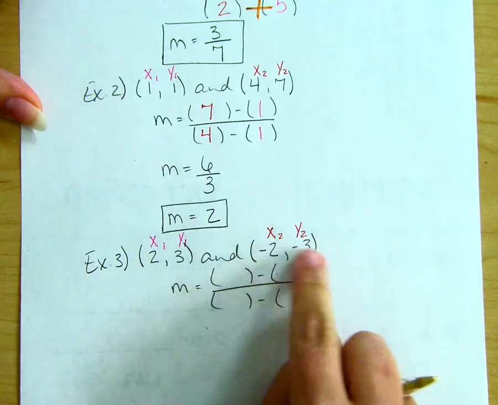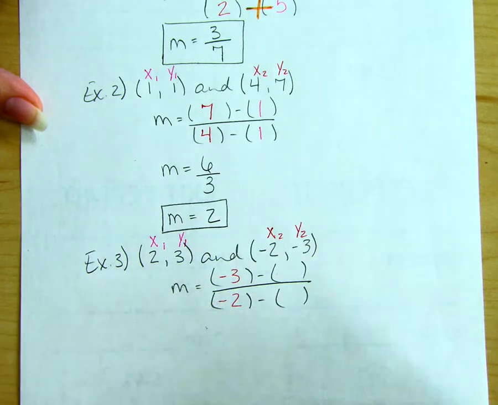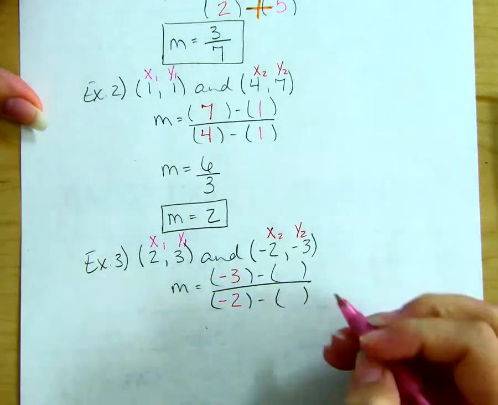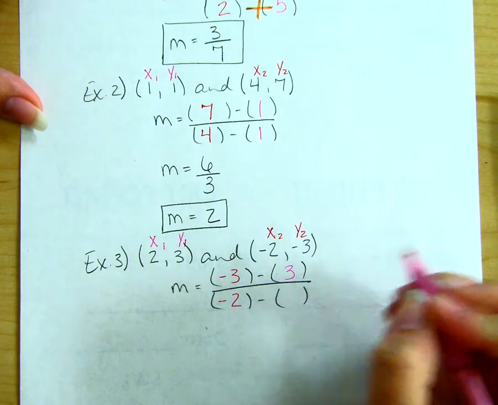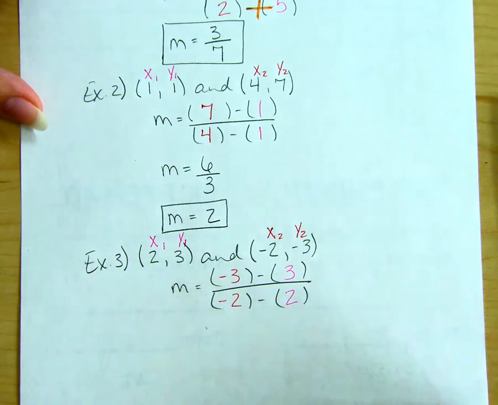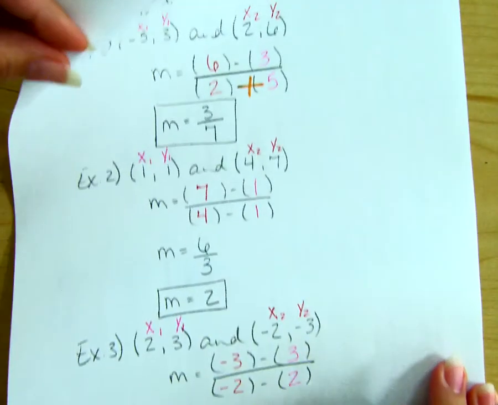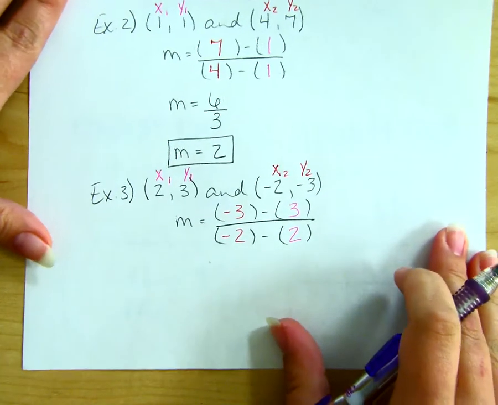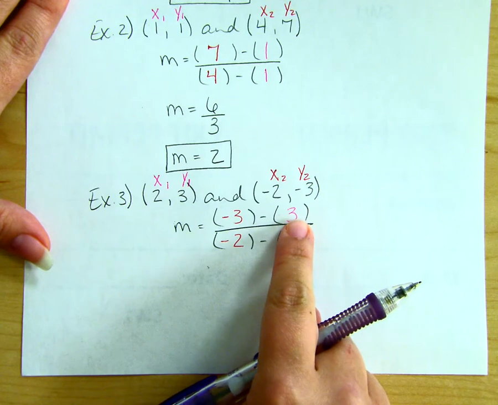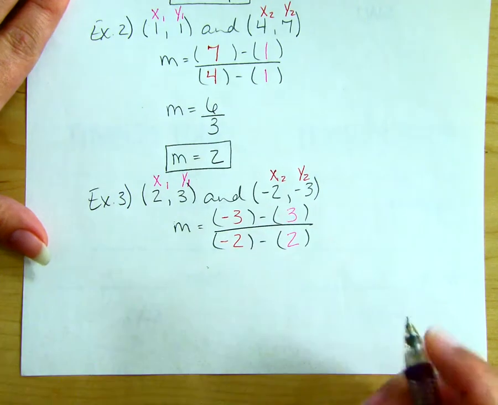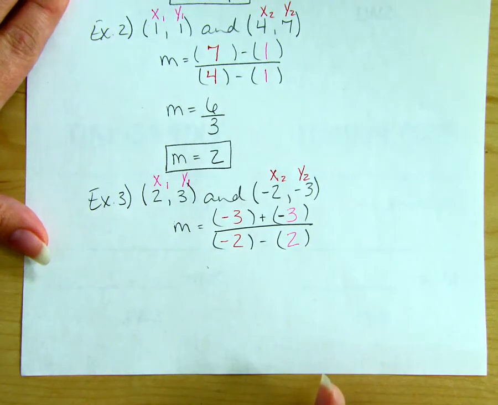So I know the 2's come first, so I'm going to have y sub 2 on top and x sub 2 on bottom. Then my 1's come second, y sub 1 on top, x sub 1 on bottom. Now I have negative 3 minus 3, which is like saying negative 3 plus negative 3.